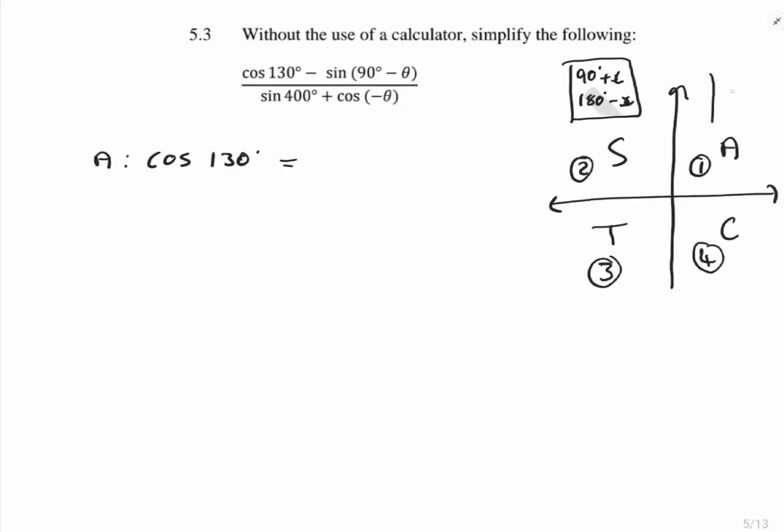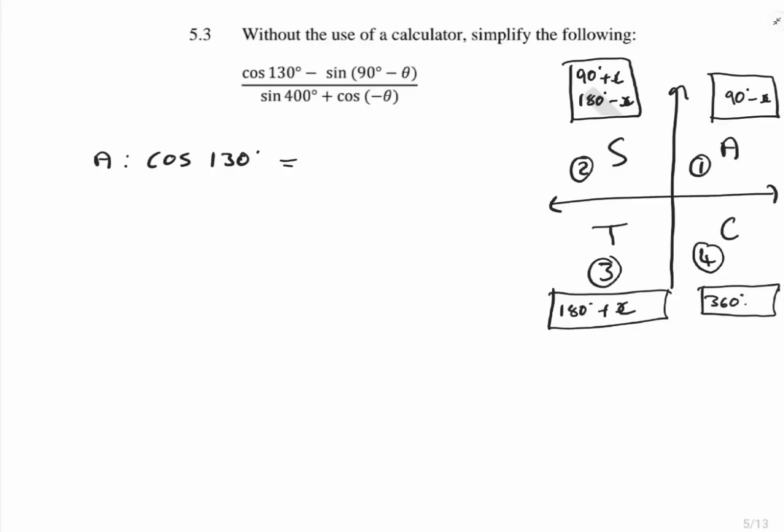The first is 90 degrees minus x. The third quadrant is 180 degrees plus x, and the fourth quadrant is 360 degrees minus x. All are positive in the first, only sine is positive in the second, tan is positive in the third, and in the fourth, cos is positive.